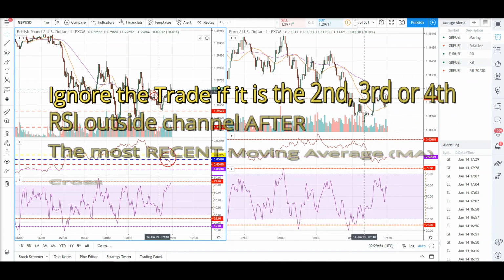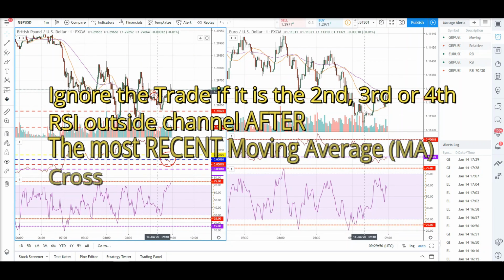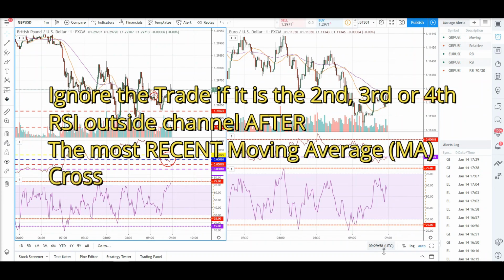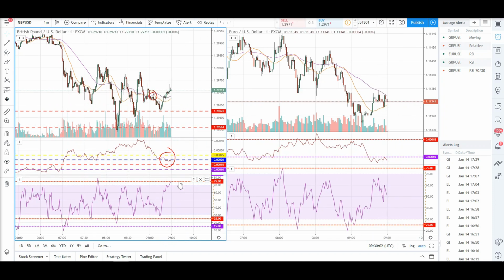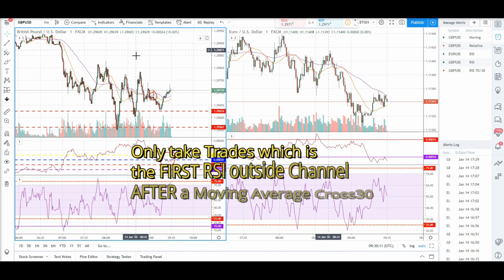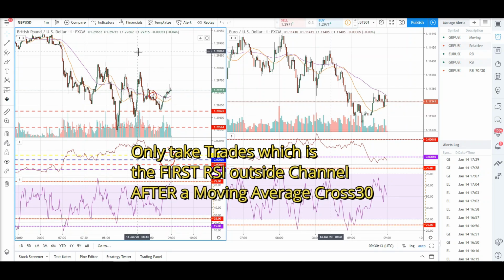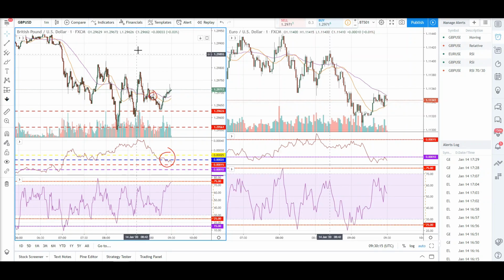Even if it's the second, the third, or the fourth RSI outside channel after the most recent moving average cross, what you need to do is to wait for another moving average cross first before you take the next trade.